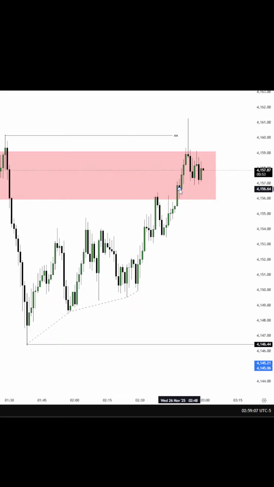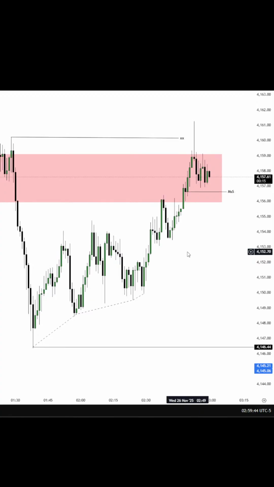So here I will mark it as an MSS. Where is MSS? Okay, here it is. So now the market has to drop and then we might take a trade. Let's just wait for it.